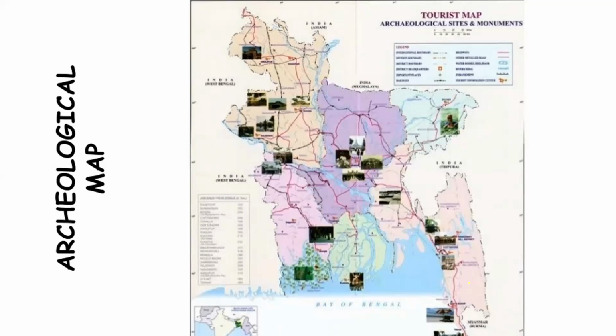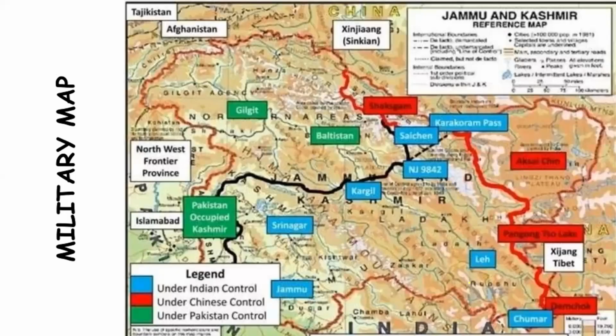And this one is a military map. In this military map, all the boundaries will be decided and marked for easy movement and transportation from one place to another, right?